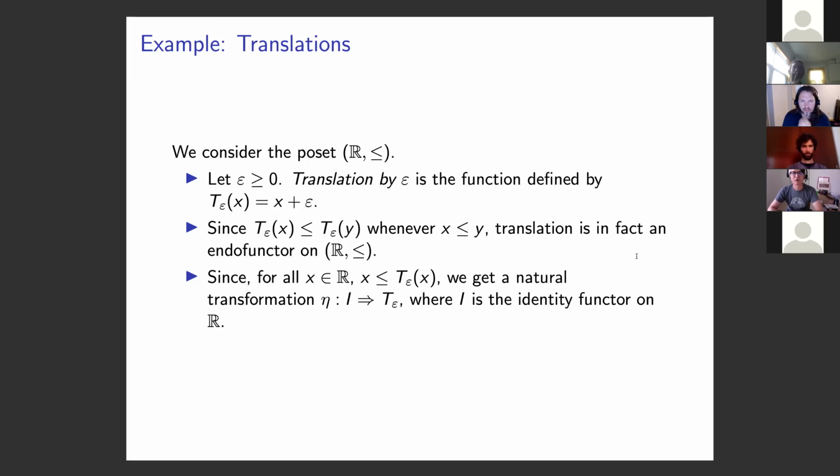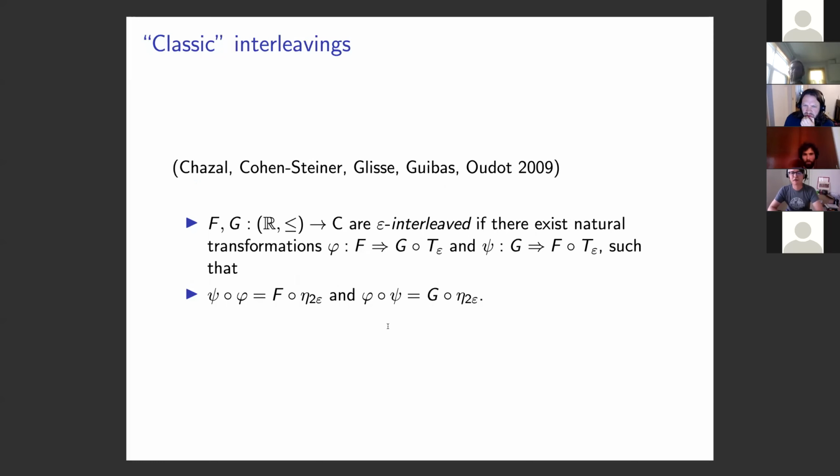The inequalities are your morphisms. And so we think of translations as being natural transformations from the identity functor to the translation functor. This is the gateway to everything that we have done, really.